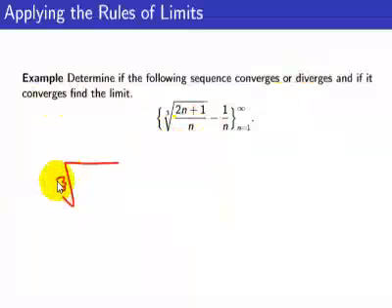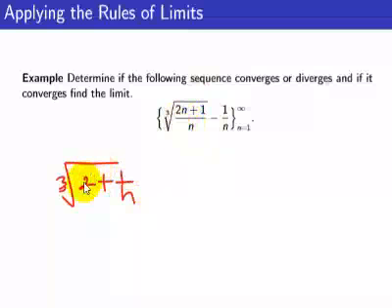The cube root of 2 plus 1 over n here. So n is the common denominator. So you can consider separately 2n divided by n plus n over n, so you can cancel that.